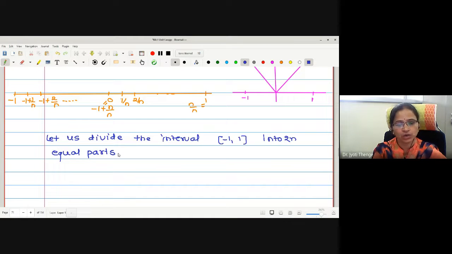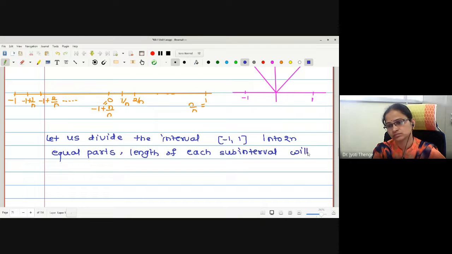2n equal parts. The length of each subinterval will be, what is the total length of your interval? Minus 1 to 1.